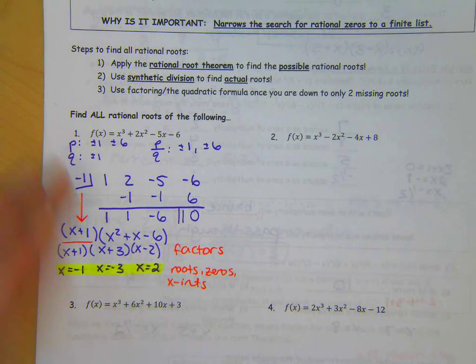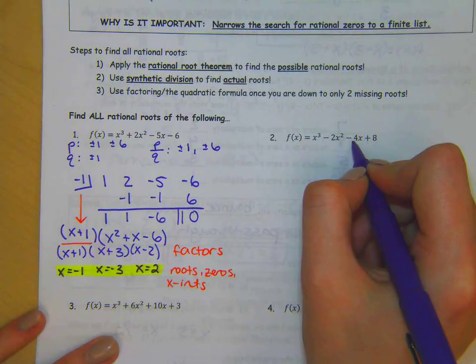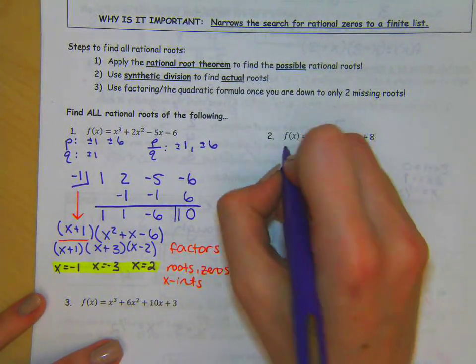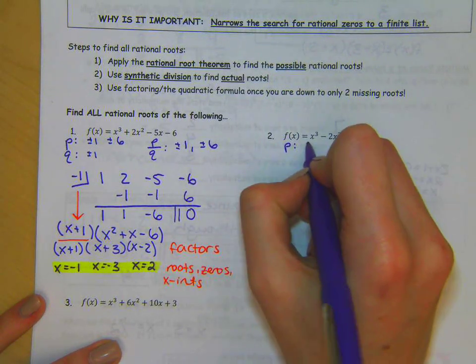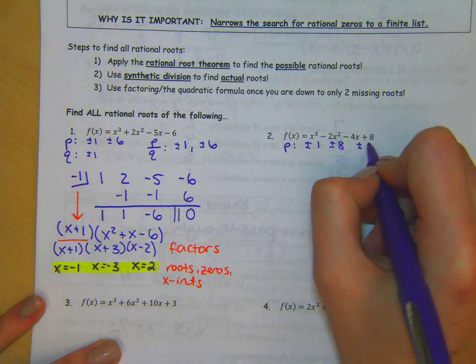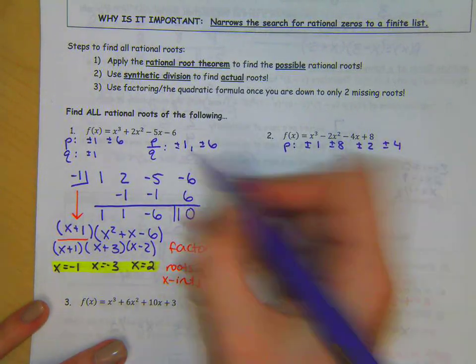All right, number 2. We have f of x equals x cubed minus 2x squared minus 4x plus 8. So I'm going to think about my p, the possible factors of 8. We've got plus or minus 1 and plus or minus 8, or plus or minus 2 and plus or minus 4. So we've actually got 4 more options than last time.